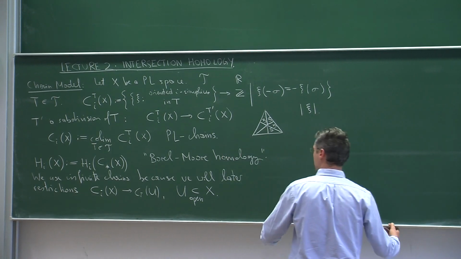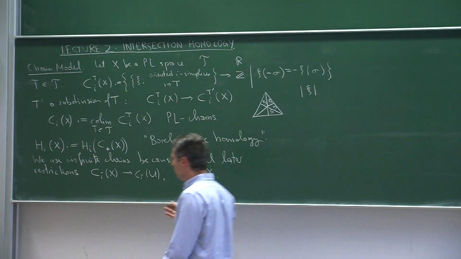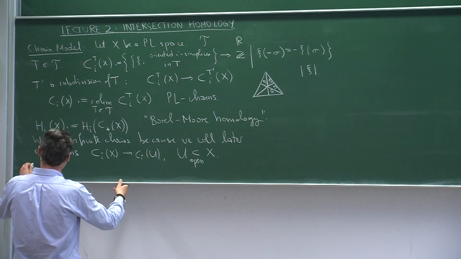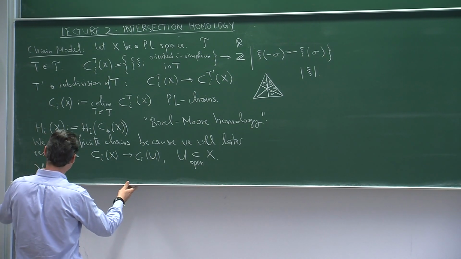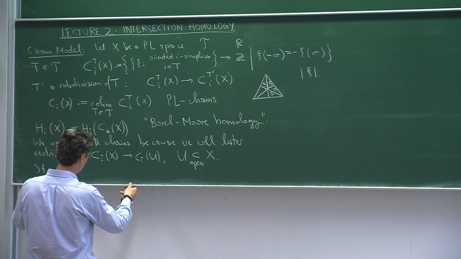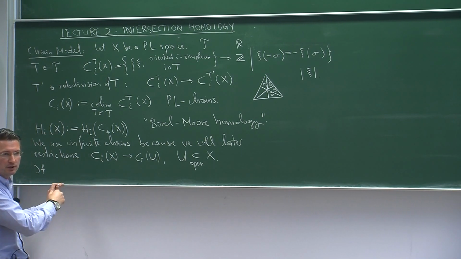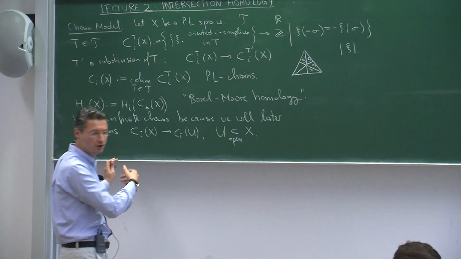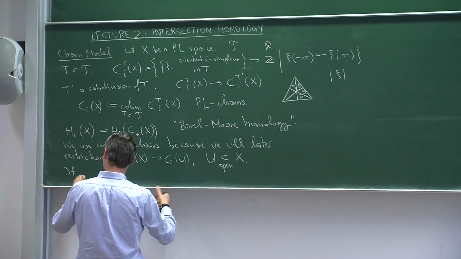Okay, so that's the reason for using infinite chains. Also, if you want to relate this to ordinary homology, if you don't like this and would like to see what this is in terms of ordinary homology, then you could think of it as follows.